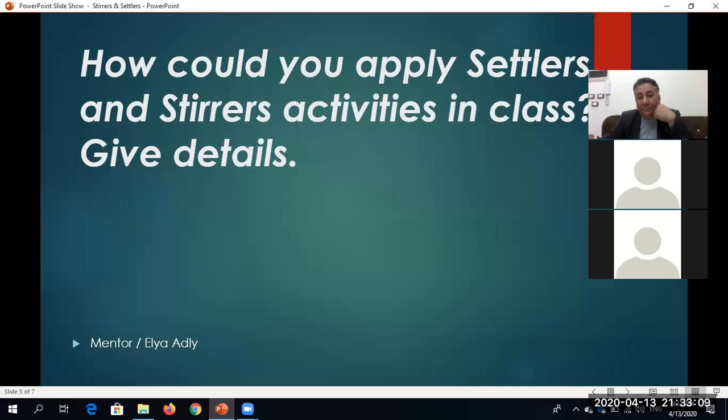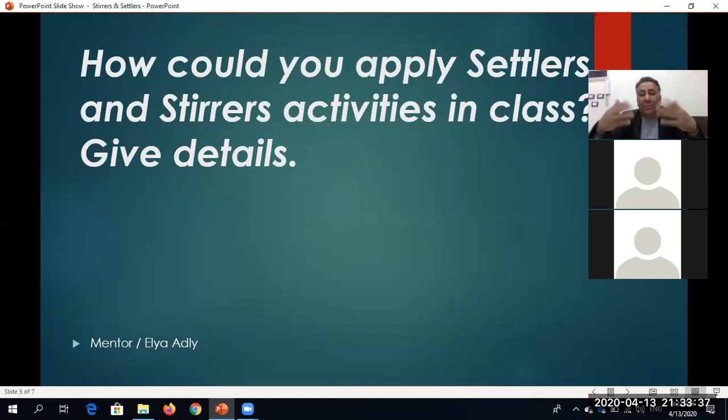I can ask them to make a survey about anything in the classroom or outside the school. When the student makes a survey, the student sits down silently and makes the survey. How could it be a stirrer? No, they can move all around the classroom. Yes.